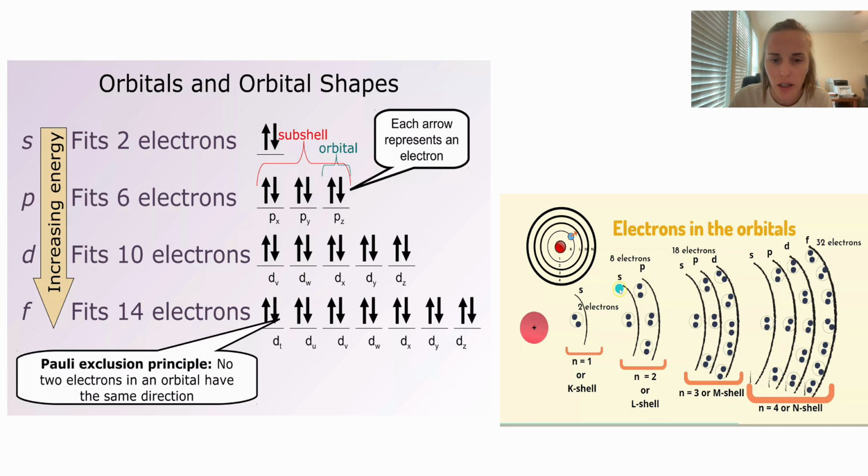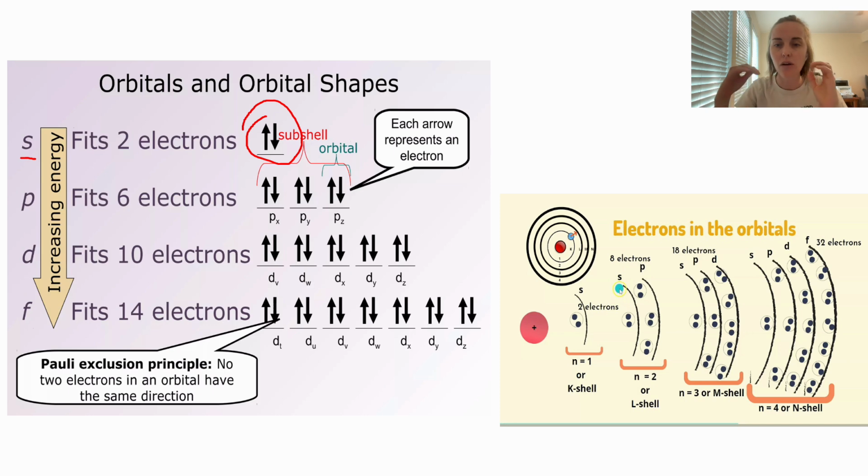And so if you look here, we were talking about the S. So our S subshell, it's a ball. That's just the easiest way to picture it. There can be 2 electrons anywhere within this ball area. And these arrows are representing the electrons. And the reason one is up and one is down is because of that 4th quantum number, that they have to have opposite spins, right?